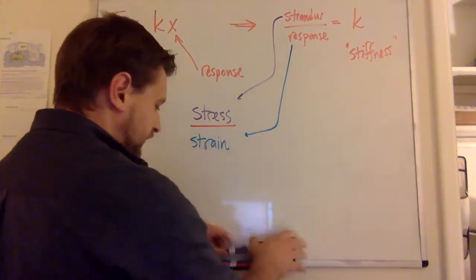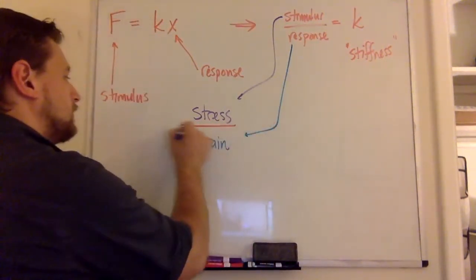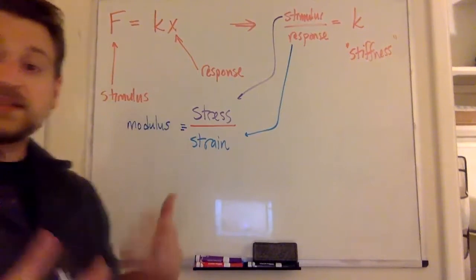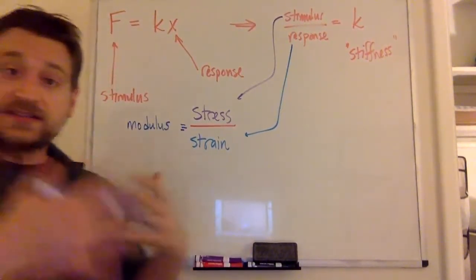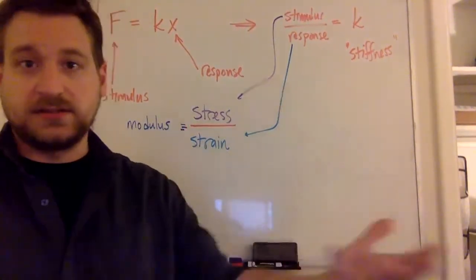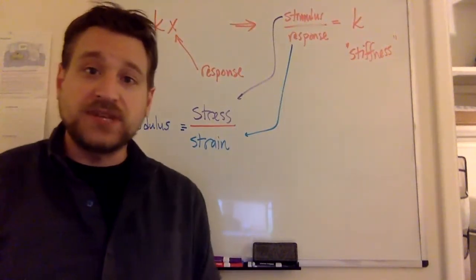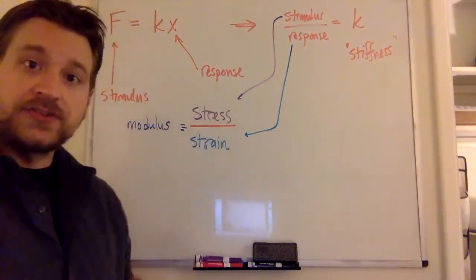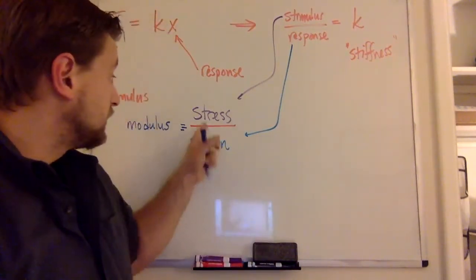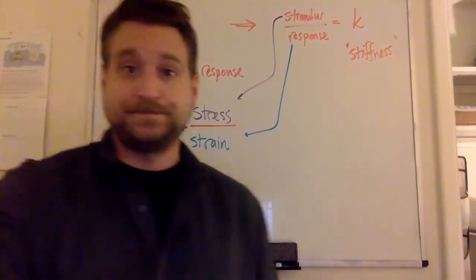And the proportionality between the two, we're just going to call the modulus. Think about it as stiffness, but this is a particular word that has to do with the response of especially bulk media, solids and liquids primarily. And it does change depending on what kind of stress we're subjecting it to. So really quick, I'll go over the three kinds and the formulas we have for them after I define stress and strain, because these are new words and we need a way to define those words.